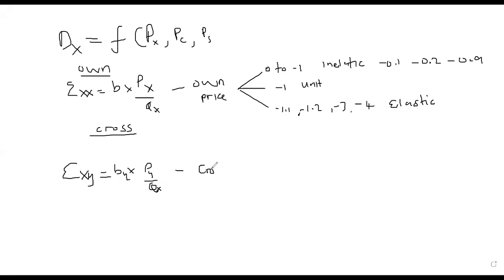When you get a positive, what does it mean? When you get a negative, what does it mean? The positive is a substitute good and the negative is a complementary good. Correct. The positive is a substitute good, and then negative is complementary good.